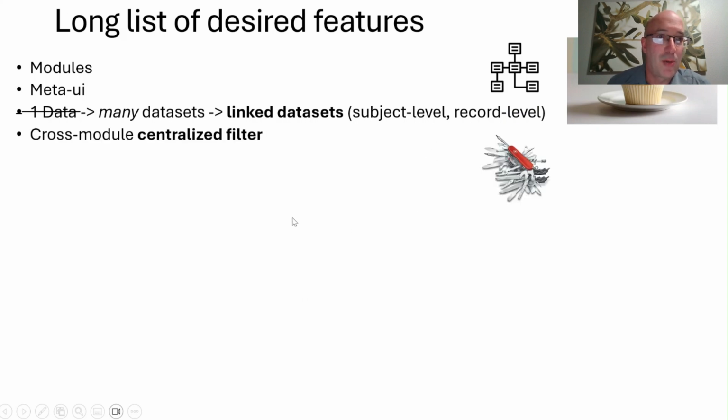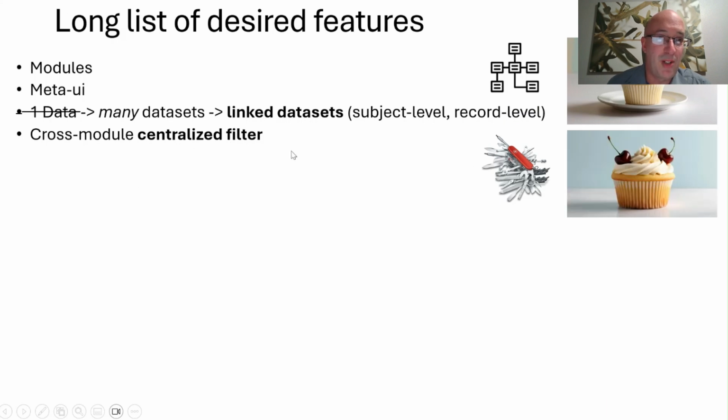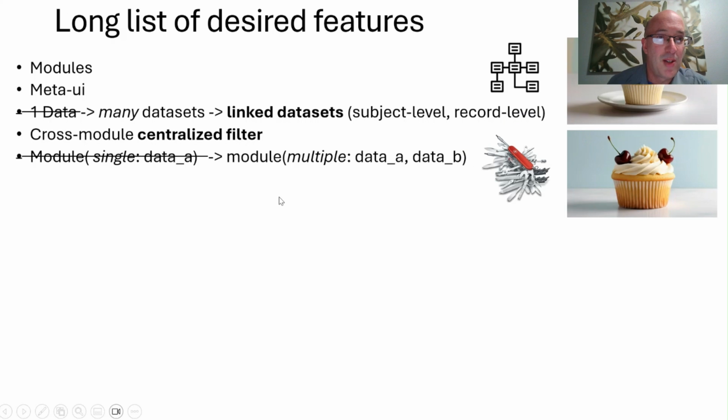We want a cross-module centralized filter as a feature. Instead of a module on a single dataset, we want a module that can handle multiple datasets, preserve the linked datasets, and be accessible to the global filter.